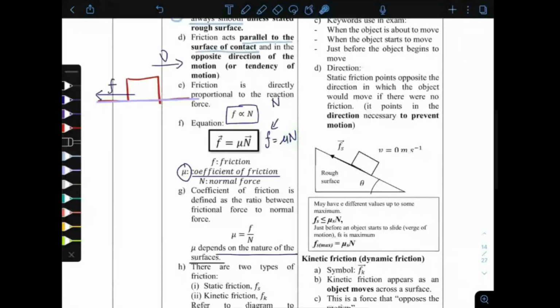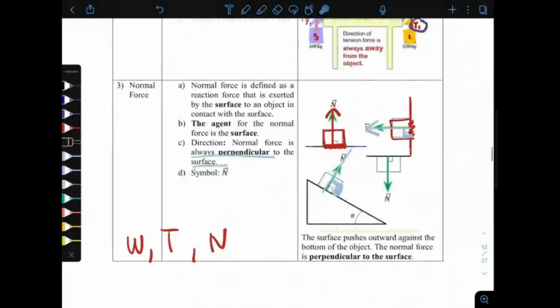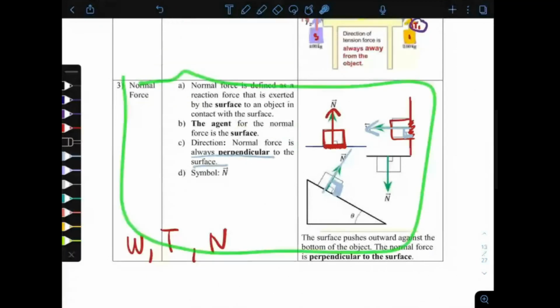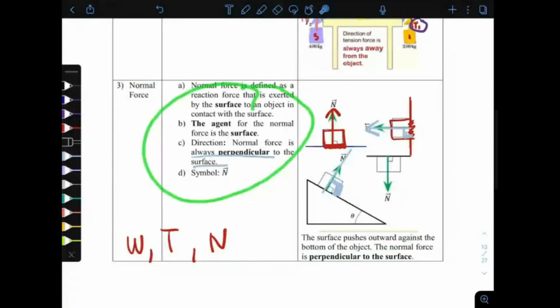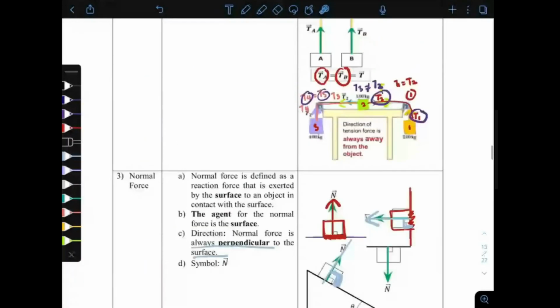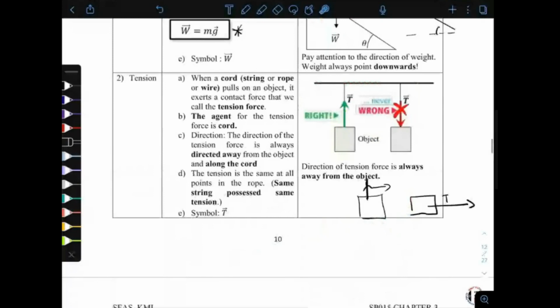Kita akan tengok dalam subtopik 3.4 kita nanti. Because at this particular point, you do not have any specific equation to find normal force. Tak ada. Okay. Waktu saya ajar normal force, saya tak emphasize pun any equation for normal force. Macam weight tadi, kita ada equation W sama dengan mg.